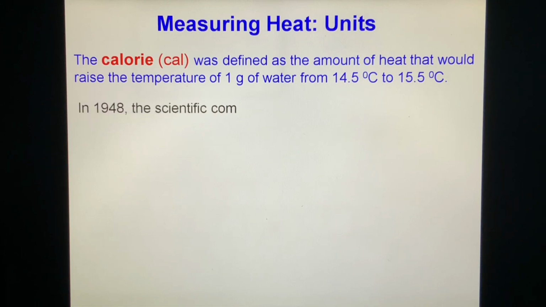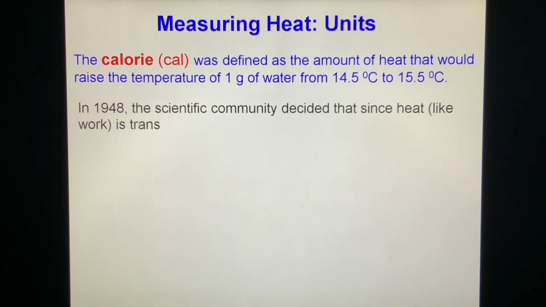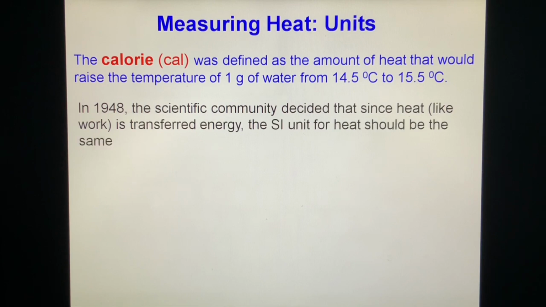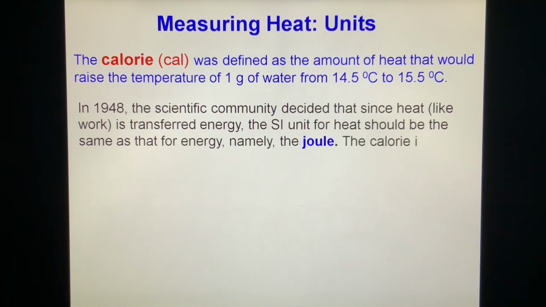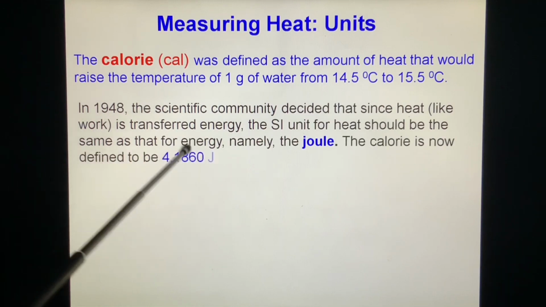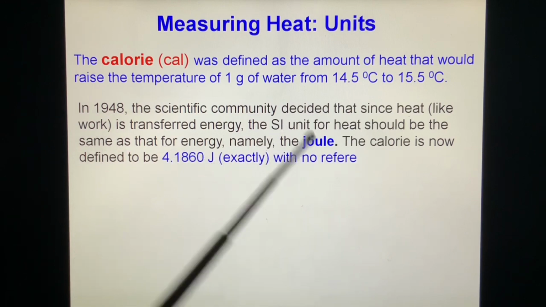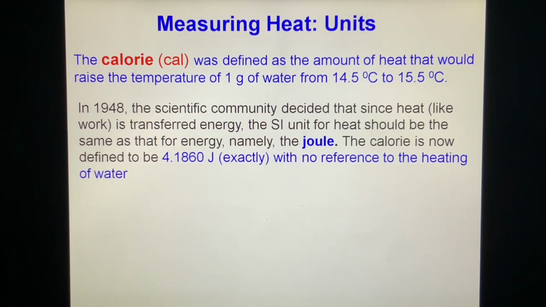In 1948, the scientific community decided that since heat, like work, is a transfer of energy, the metric system unit for heat should be the same as that for energy, namely the joule. The calorie is now defined to be 4.186 joule exactly, with no reference to the heating of water.